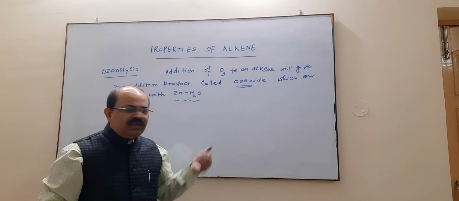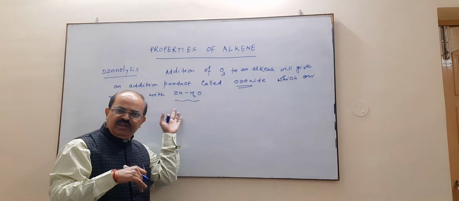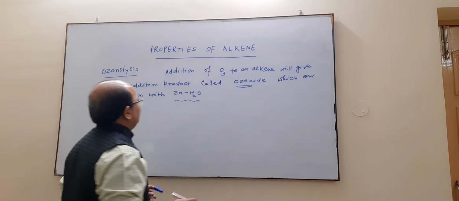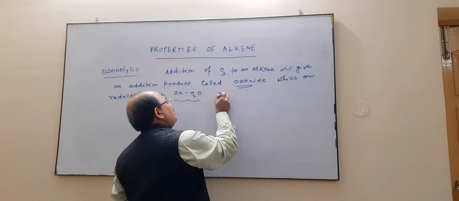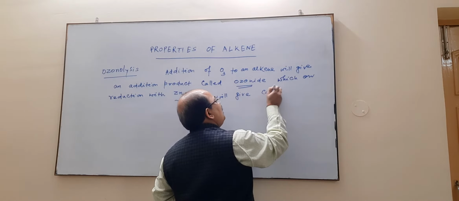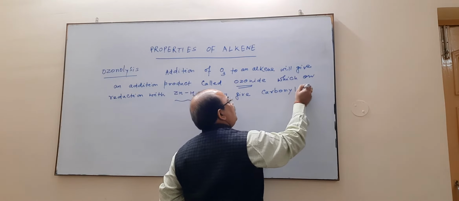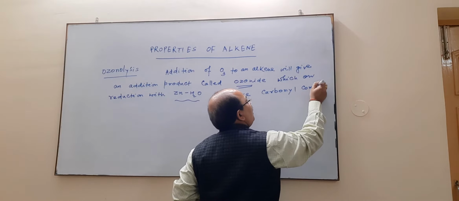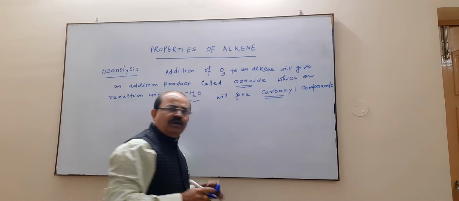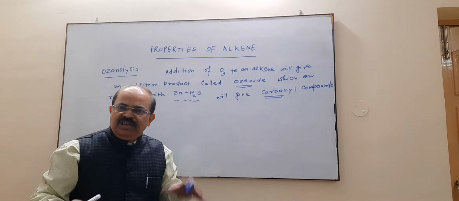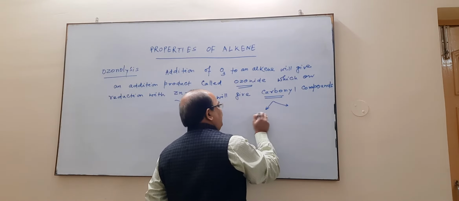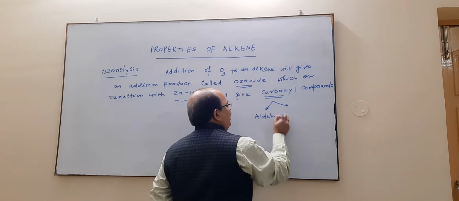It means the basic reducing agent is zinc in the presence of water, which on reduction with zinc and water will give carbonyl compounds. Now for your information, carbonyl compounds, they are aldehyde and ketone.